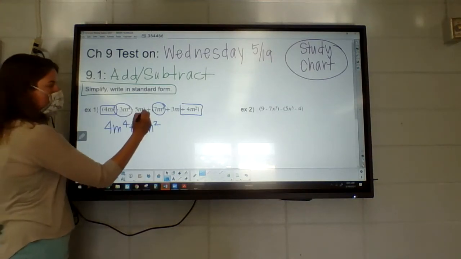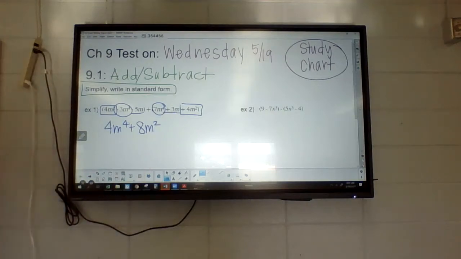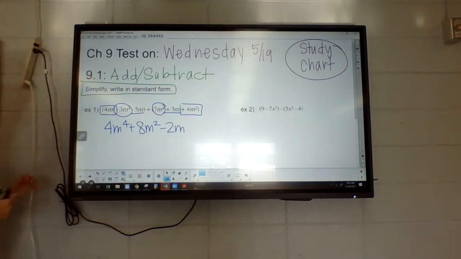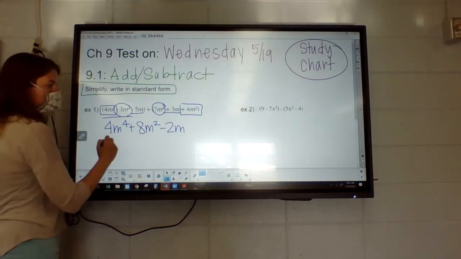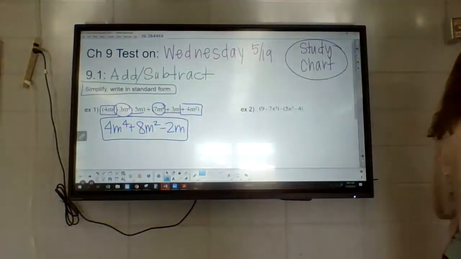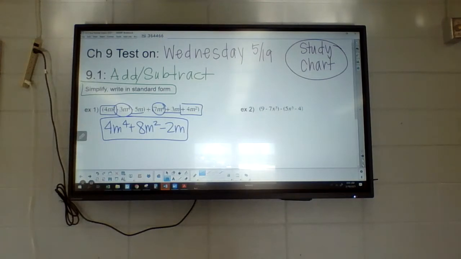Then I'm left with a negative 5m and a positive 3m, so that's a negative 2m. That's highest power down to lowest. Can't combine anything else, so that's just simplified. Again, the directions you see are exactly what you'll see on the test. Now example 2, what do we have to remember to do first though?